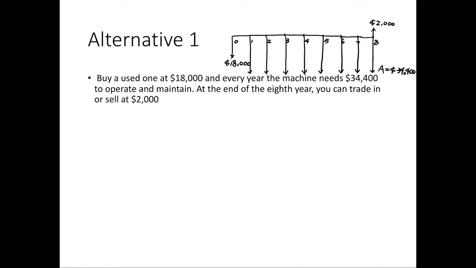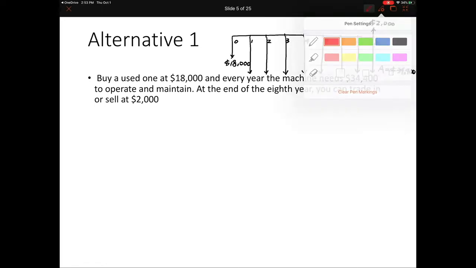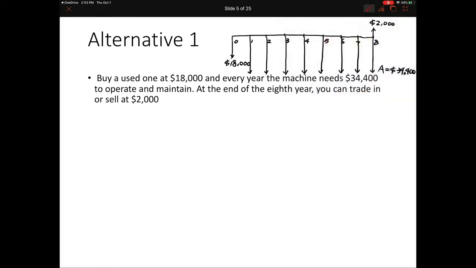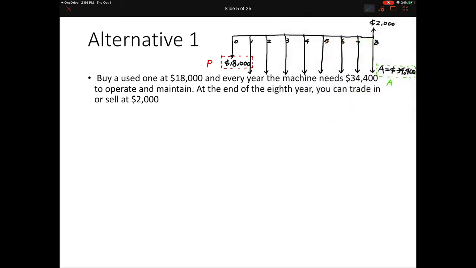Okay, so now take a look at this cash flow. You have 3 types of cash flows. The first type is a P value, right? The second type of cash flow is an annuity.